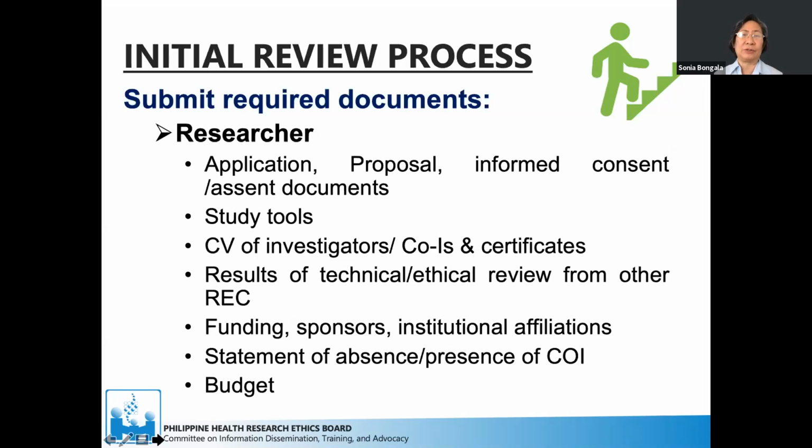And the researcher fills it up, submits it to go together with the proposal, the informed consent form, and the assessment forms. Then it should contain the study tools, the curriculum vitae of the investigators and the team members, and then certificates of research ethics training.